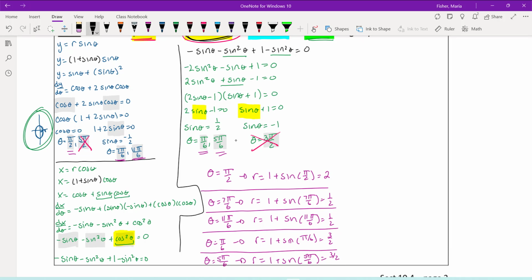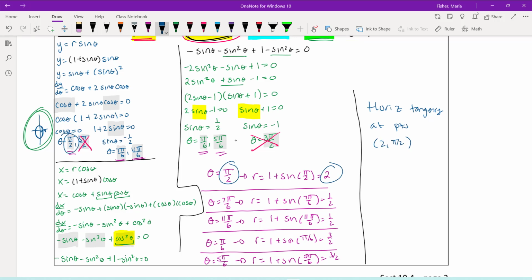Therefore, we have points of horizontal and points of vertical tangency. Let's start with the horizontal tangency. So for the horizontal tangency, our points here are going to be 2 comma pi over 2, 1 half comma 7 pi over 6, and a half comma 11 pi over 6.